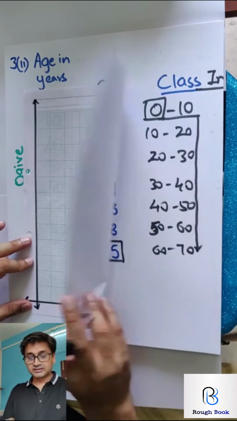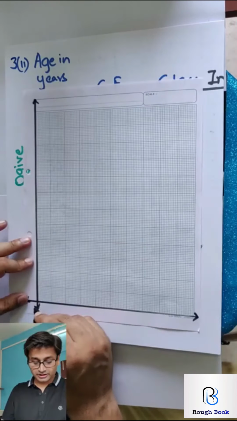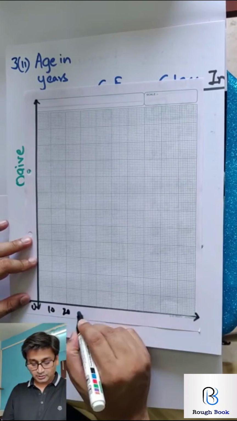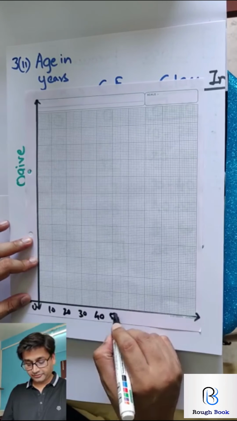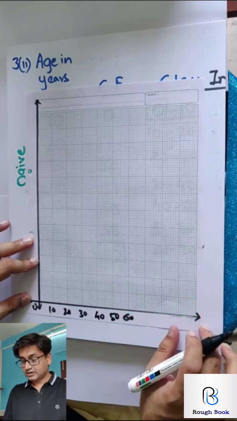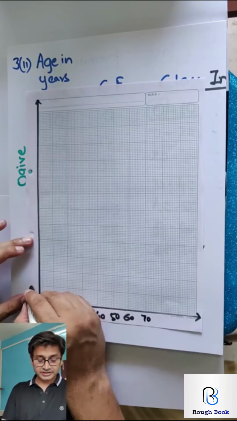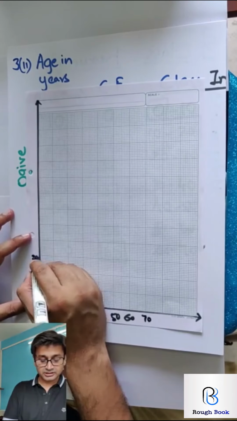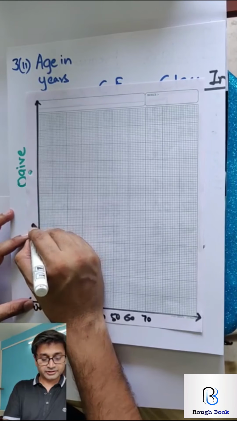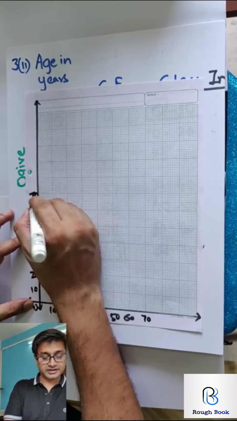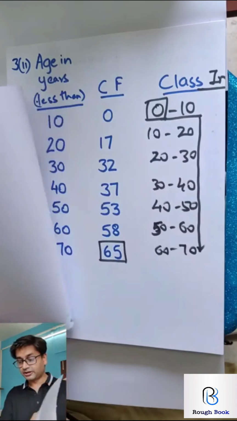So on the x-axis, the values are 0, 10, 20, 30, 40, 50, 60 and 70 I guess. So we have to go till 70. And the y calibration we said is 10, 20, 30, 40, 50, 60 and 70 I guess, because maximum was 64, correct?